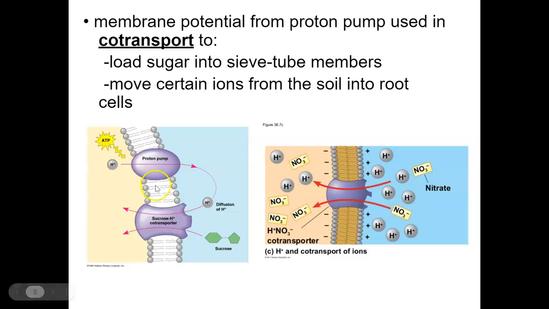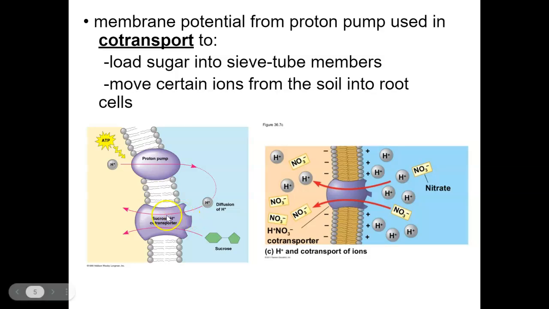But why that's important to the co-transporter is because now that we have this buildup of hydrogen ions out here and they are in high concentration, they are going to diffuse back down their concentration gradient by facilitated diffusion from high concentration to low concentration back into the cell. And we don't have to spend any more energy to do this because, again, they're going down their concentration gradient to come back in. But this second channel that we're using is a co-transporter.